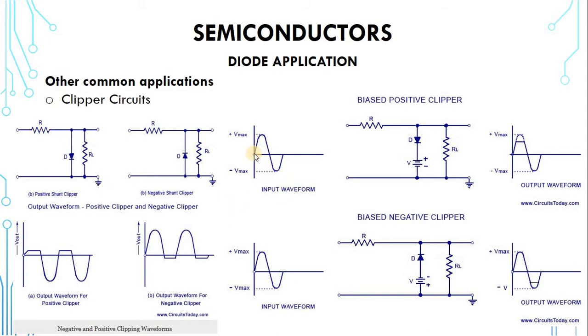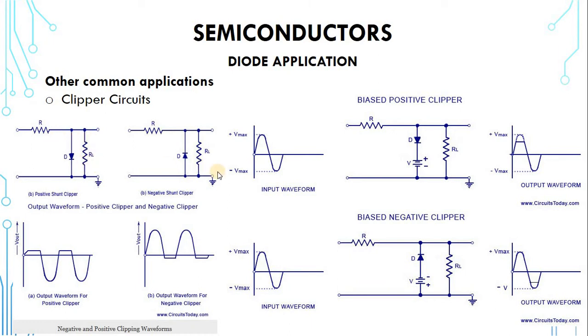So from 0 to 0.7, the diode is not conducting because the voltage is not beyond 0.7. From 0 to 0.7, all will be sent to the load.